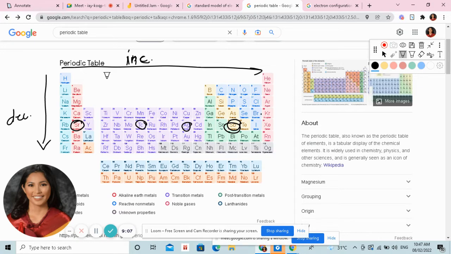Descending means starting from the biggest to the smallest. First, the biggest: Sb is greater. Whenever it is descending, use this symbol, greater than. Whenever it is ascending, use this symbol, less than. Okay. Sb, then next to Sb.